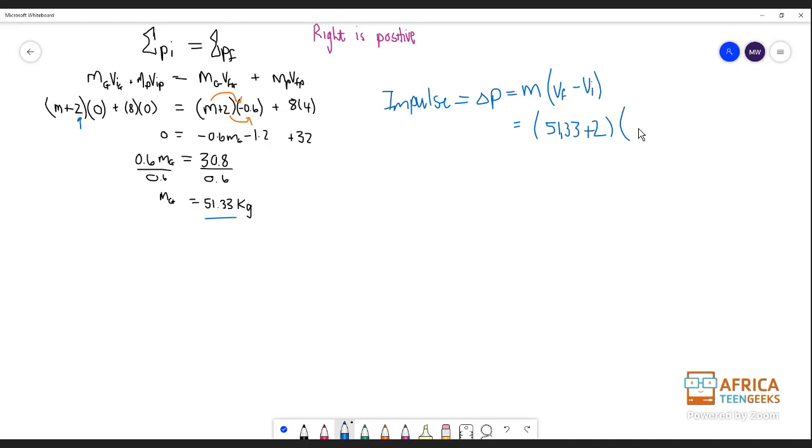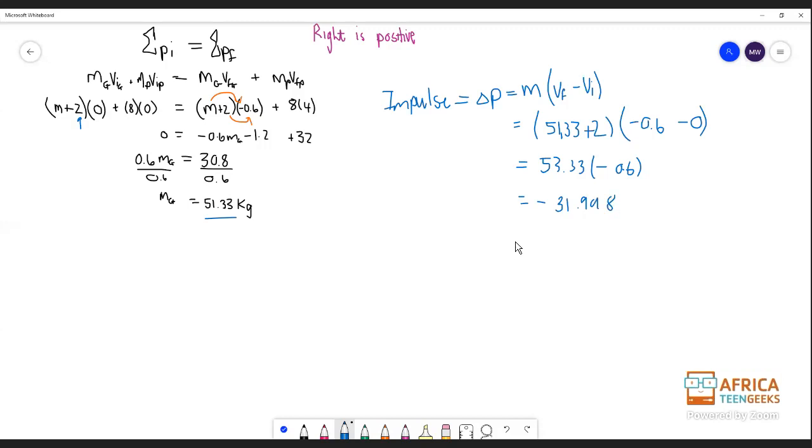And then we have the final velocity of the goal was 0.6, but to the left, and she had no initial velocity. So then it's 53.33 times negative 0.6. And that gives you a value of negative 31.998.